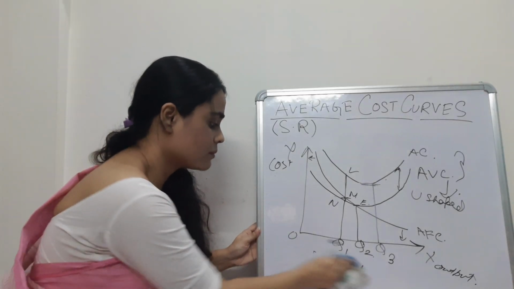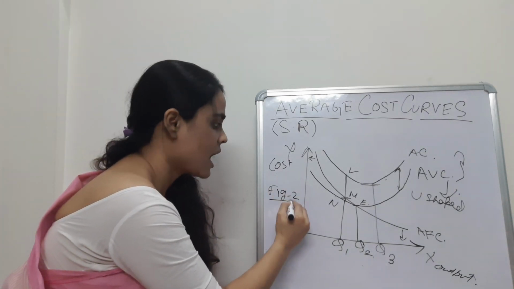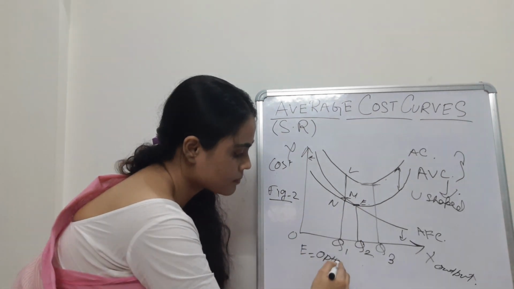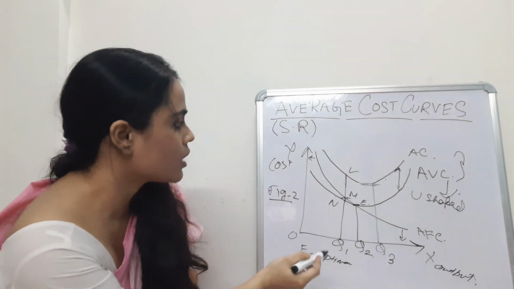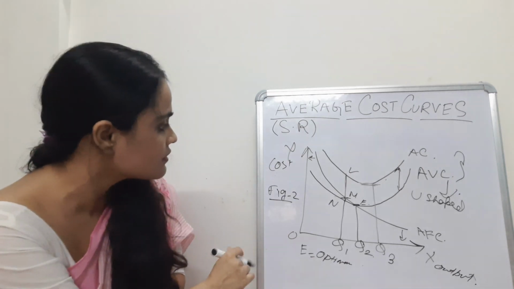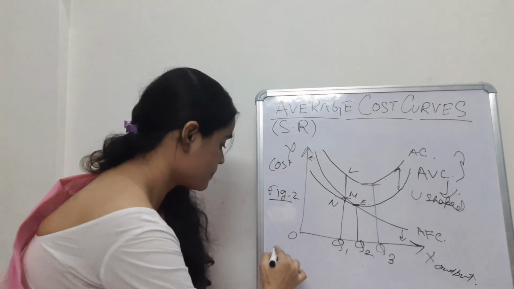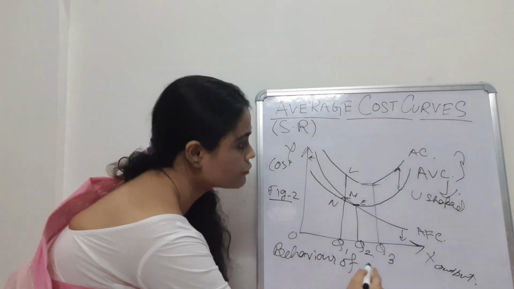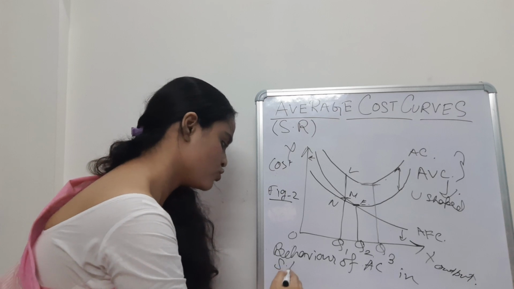So we can term this figure 2. This point, this E point, is the optimal output level. Is anything else left? Nothing else is left. So this is the behavior of the average cost curve in the short run.